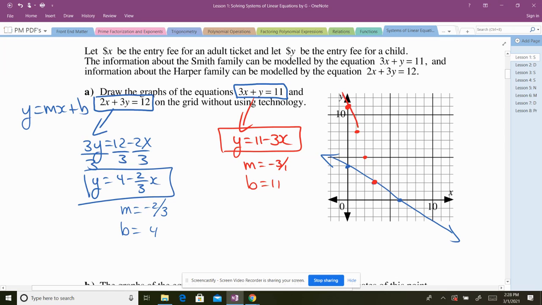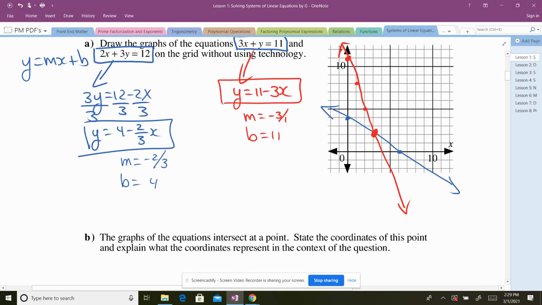If I draw a line, they intersect at that point, especially if you drew them correctly. Drawing lines correctly, like with an actual straight edge, is important when we're doing these types of things, okay?